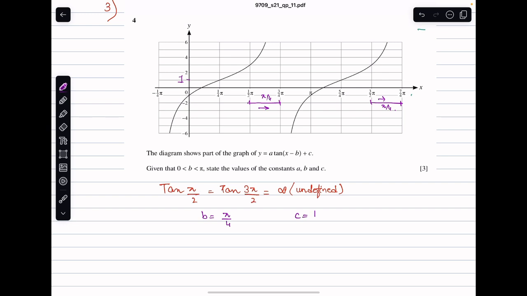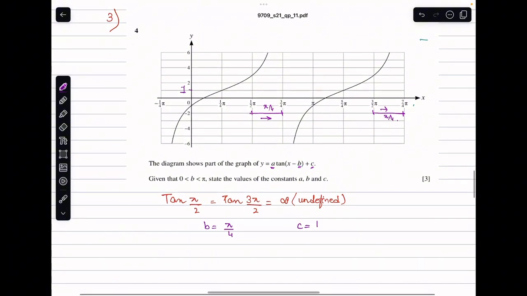So if the c value is 1, the only thing left is to get the value of a. I have my b, I have my c, and with respect to a and b, I can just look at a value which gives me a definite value here. Another definite value that I can see here is this value, which is a 3.